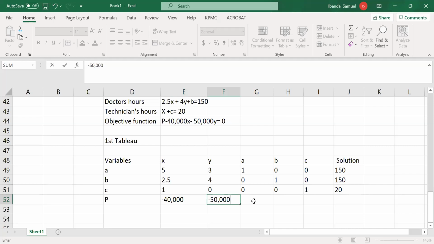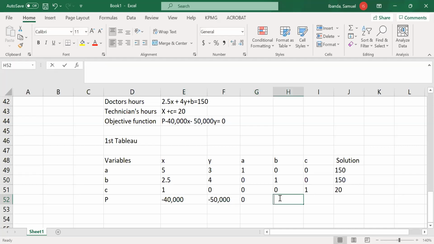And we don't have any A, B, or C. And what do we have in terms of solution for this equation? It is actually a 0.